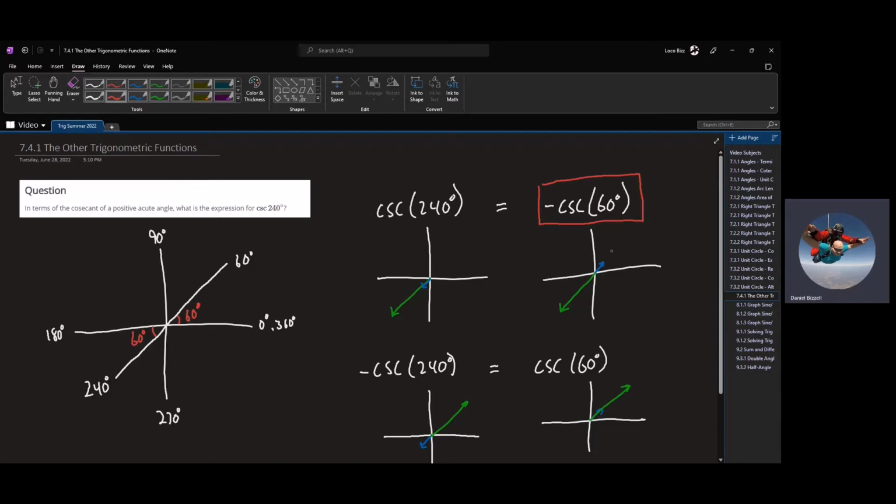So it has us pointing in the right direction between 0 and 90 degrees. But the negative tells us to walk backwards and puts us ending at the same exact spot as the angle that it gave us. So in that sense, these two angles terminate together, same spot. And this is the answer that Newton is looking for.